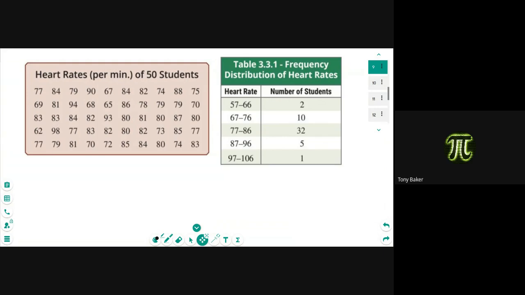What's 67 minus 57? No, the other. 66 minus 57. 9. But I said the class width was 10. Why?